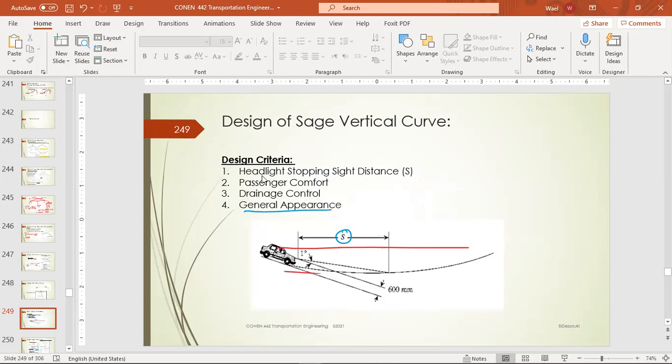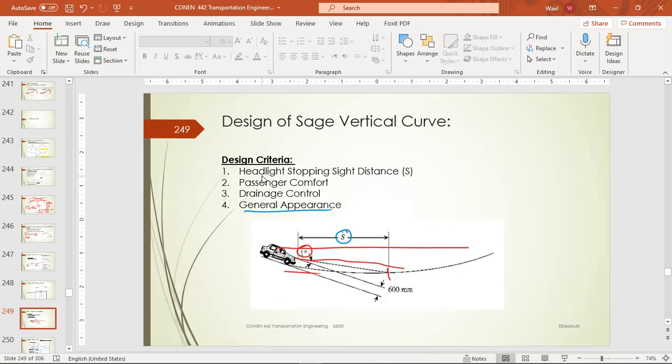For sag curves, we take the case of driving at night, and the angle that the headlights cover is shifted from the axis of the vehicle by 1 degree going up. This is the distance visible to the driver, and it should equal the stopping distance.